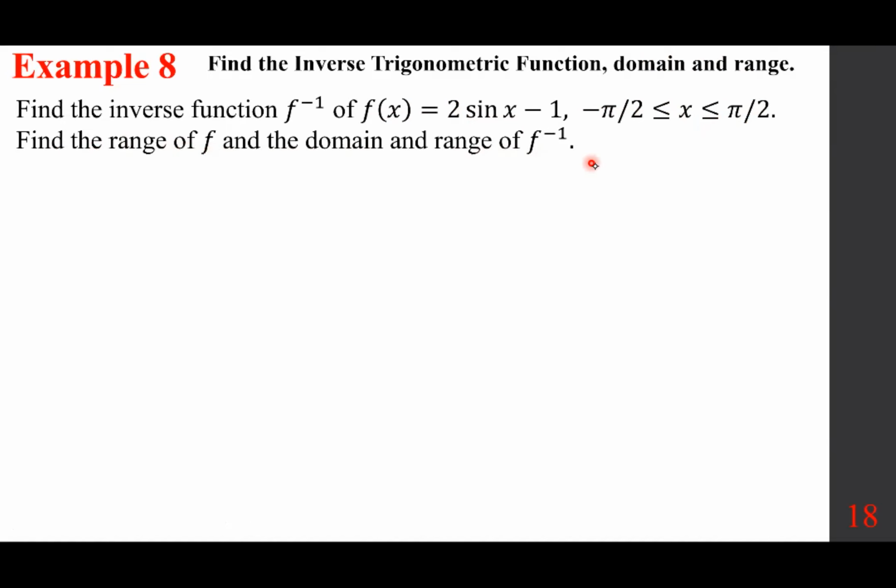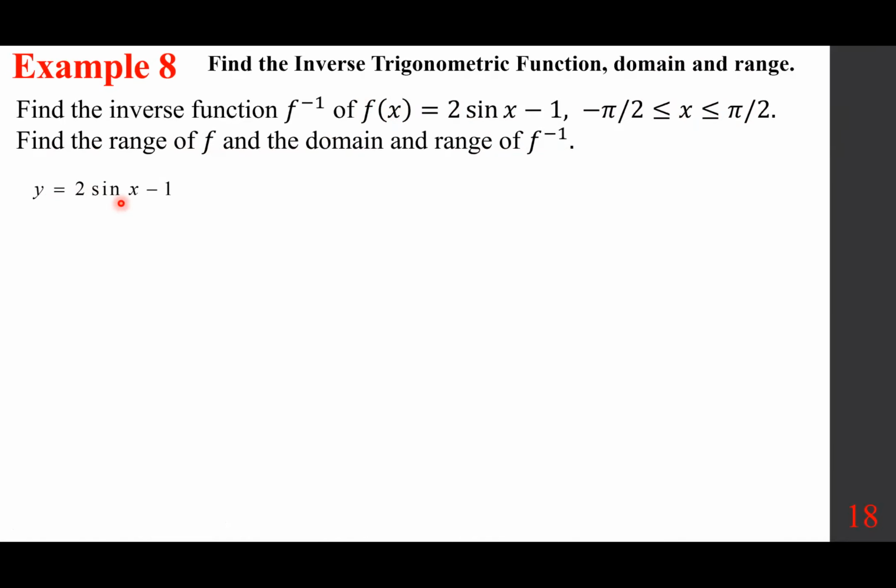So first, let's find the inverse, and I'm going to go through the process. First and foremost, we call f of x y, step 1, just to make it easy. I'm reminding you how to find the inverse. Number 1, call f of x y.